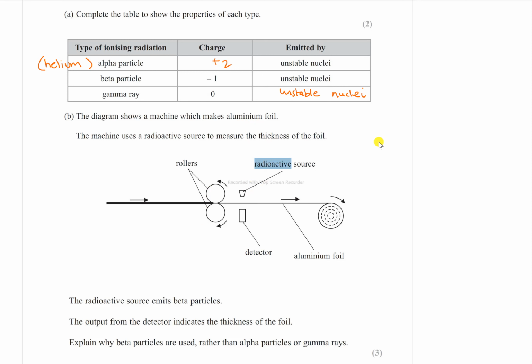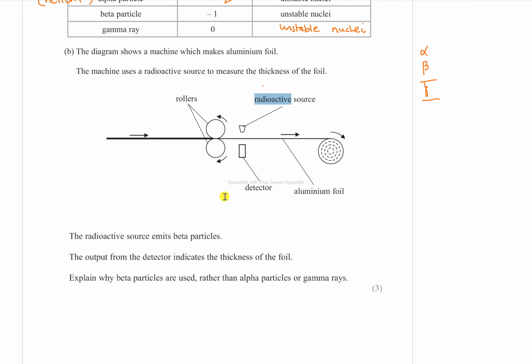So aluminium will stop beta and alpha, but not gamma. Gamma rays will always go through, so that's useless, and alpha particles, none will go through, so that's useless. So you have to use beta, because if the foil is too thick, it'll give a low reading, so then you can adjust the rollers.